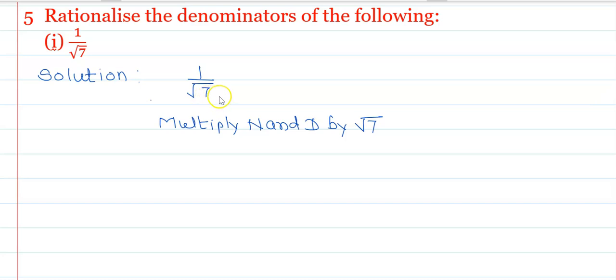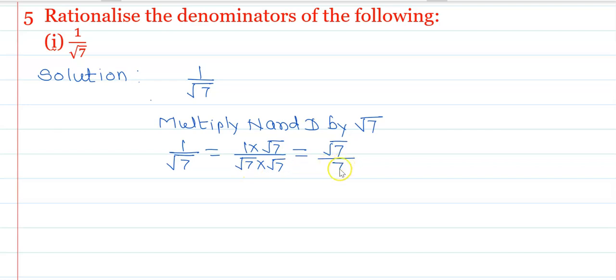If you multiply with the root of 7, then in the denominator you will get root 7 into root 7, which is 7, and that's why we are multiplying. Therefore 1 upon root 7 equals 1 into root of 7 upon root 7 into root 7. 1 into root 7 is root 7.